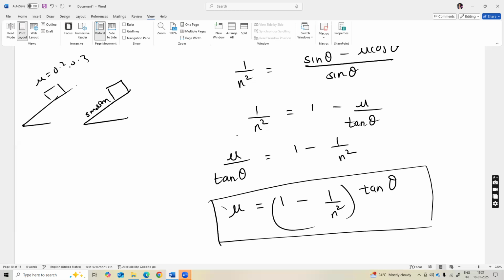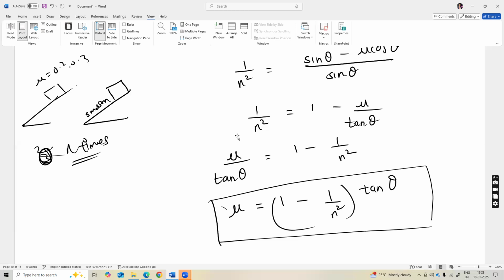So if they give you two cases and the time taken by this object to reach is two times, or three times, basically n times that of the smooth surface, then you can find the coefficient of friction using this formula, that is 1 minus 1 upon n square into tan theta.